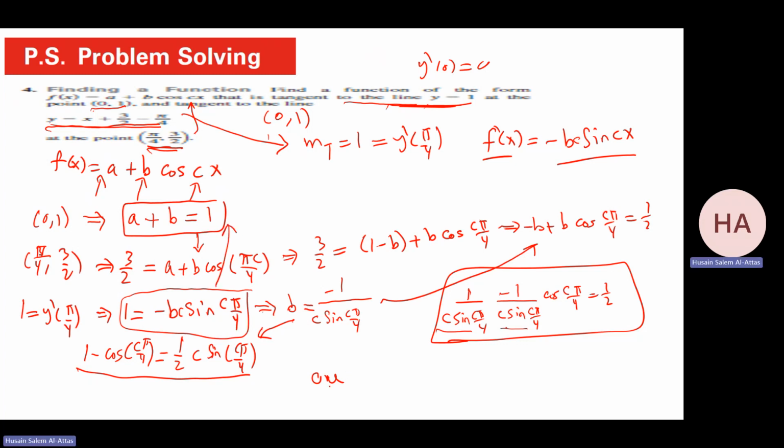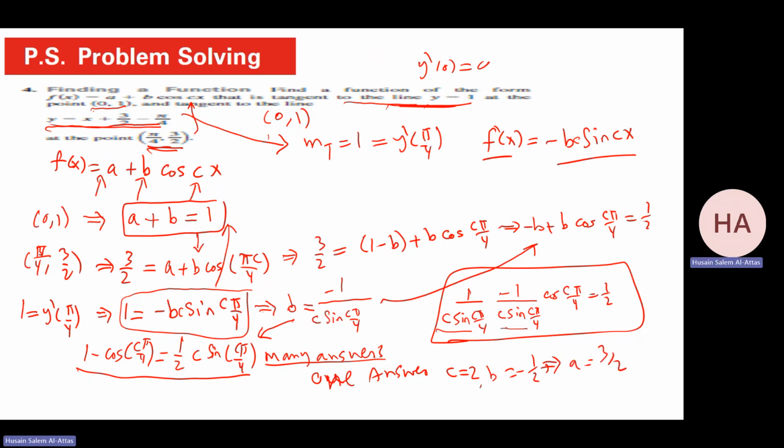So one answer, many answers I have here. So one answer, if c equal to, I'm getting b equal minus half. I'll leave it for you to do. And a equals 3 over 2.